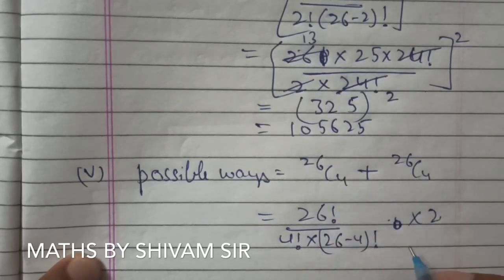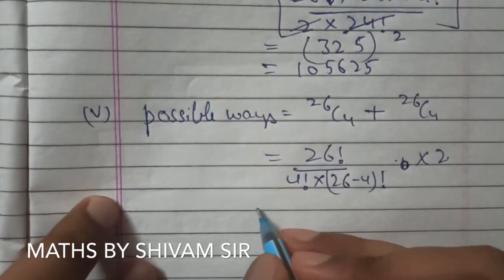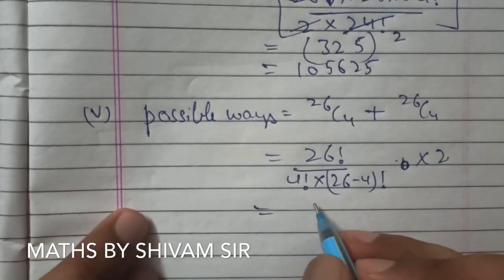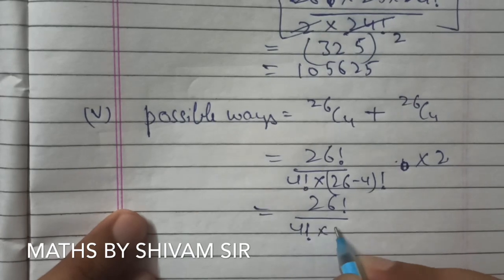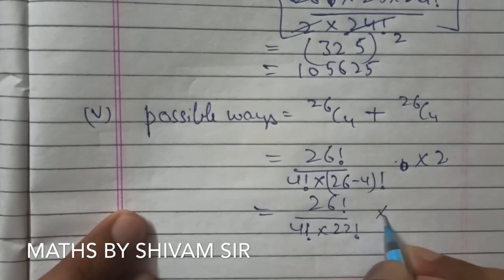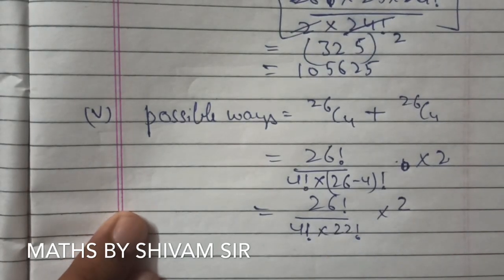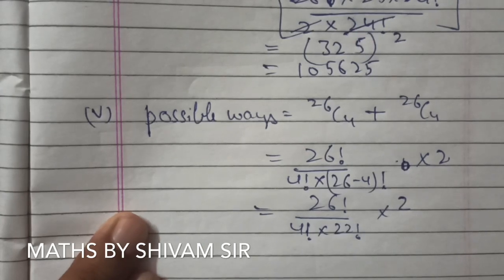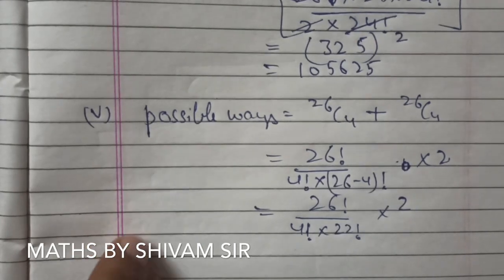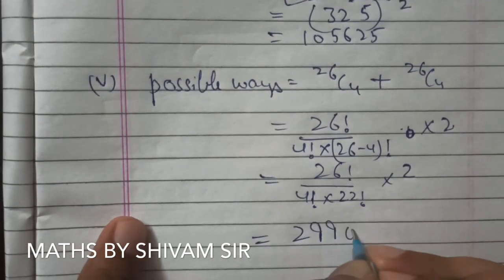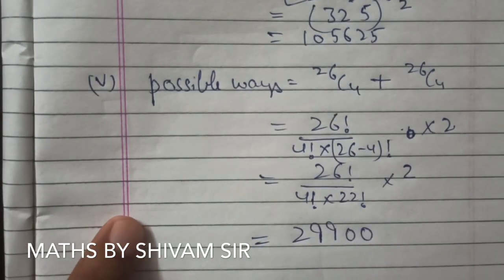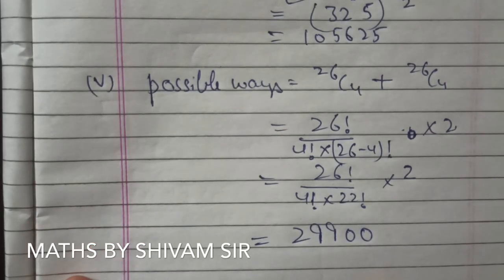X plus x is 2x, right? On simplification, this will be 26 factorial upon 4 factorial multiply by 22 factorial multiply by 2, right? So when we solve this it will be equal to 29900. So this is our answer. Just pause the video to note it down.